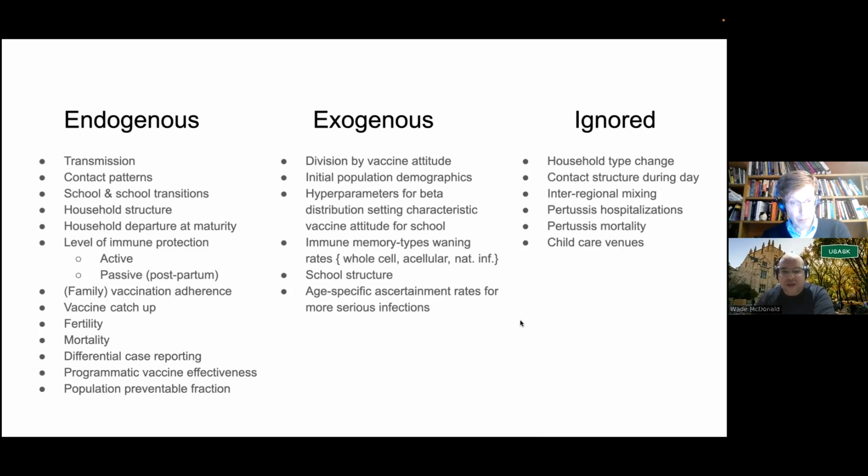Whole cell, acellular, and natural infection-induced immunity were represented distinctly. School structures were represented, and age-specific ascertainment rates for more serious infections were also specified exogenously. Ignored was household type change, contact structure during the day and at workplaces, interregional mixing, pertussis hospitalizations and mortality, and childcare venues.